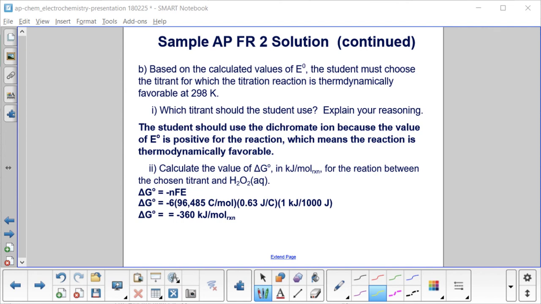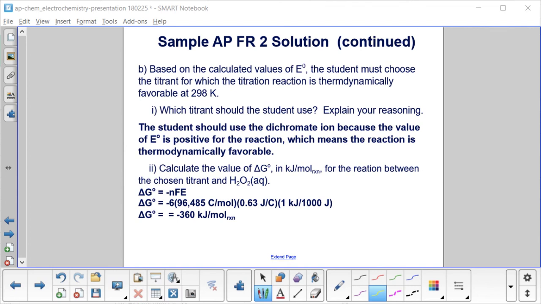And so I have 6 moles of electrons in the balanced reaction for the dichromate ion times my Faraday's constant in coulombs per mole, times the 0.63 joules per coulomb, or volts, that I calculated to find my cell potential.